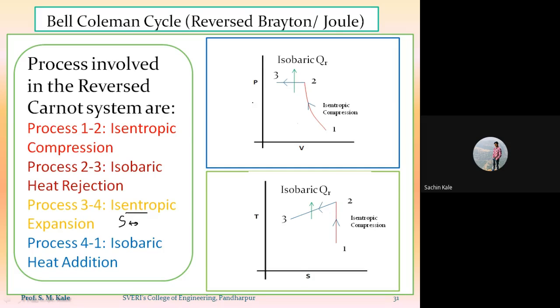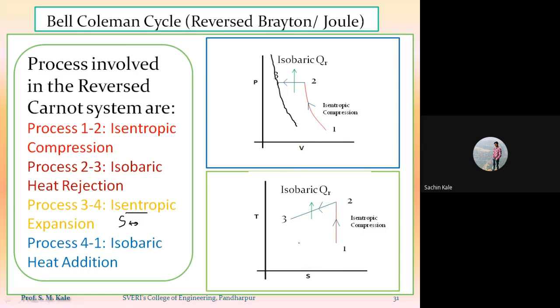So from point number 3, as point number 3 is the initial point, I have to follow the constant entropy line on the PV diagram and on the TS diagram. On the PV diagram the constant entropy line is likewise. But here I have two choices. I can draw the process towards this direction, or I can draw the constant entropy line towards this direction.